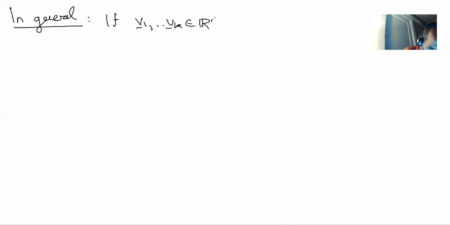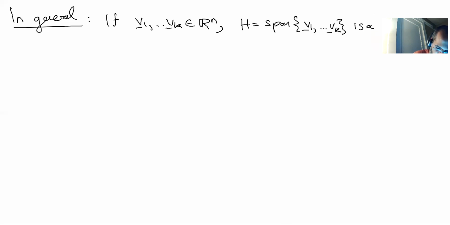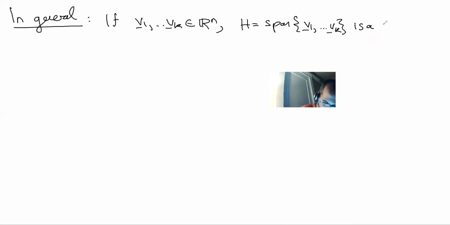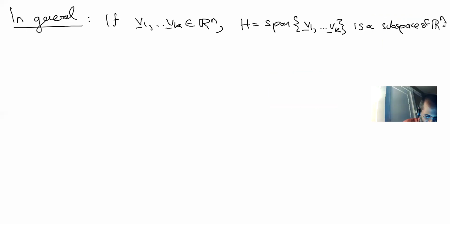In general, if you have a set of vectors in Rn, H equals the span of those vectors is a subspace of Rn. Now why is that?